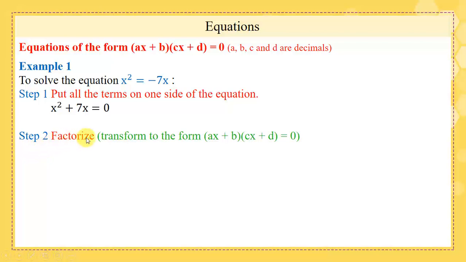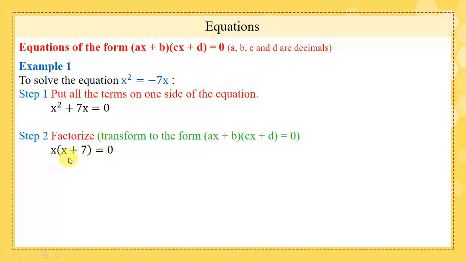Step 2, we factorize the left side. When we factorize the left side, we will get a product of two or more factors such as (ax + b)(cx + d) = 0. Here we take a common factor which is x to get x(x + 7) = 0.